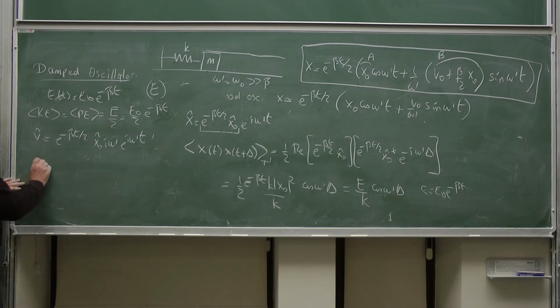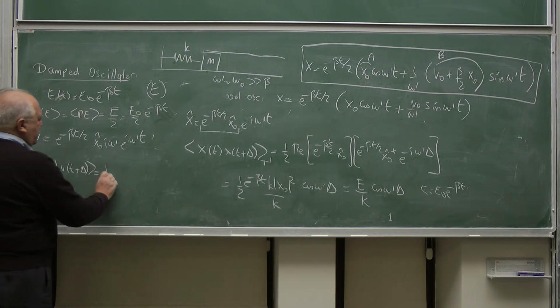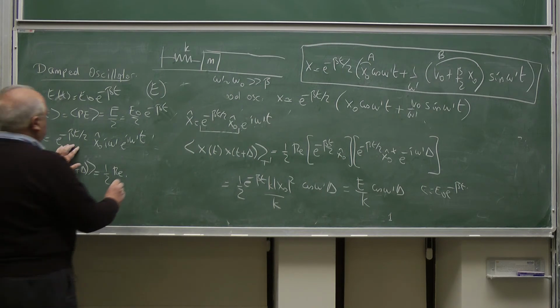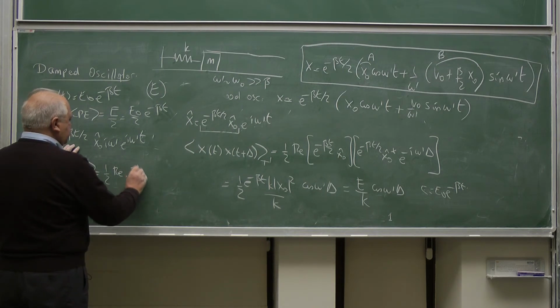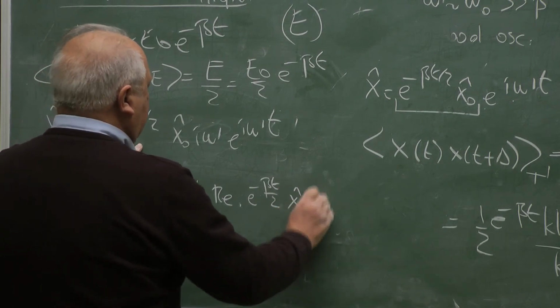So v of t, this is the physical real v. v of t plus delta is 1/2 the real part of this thing, e to the minus beta t over 2 x0 I omega prime.